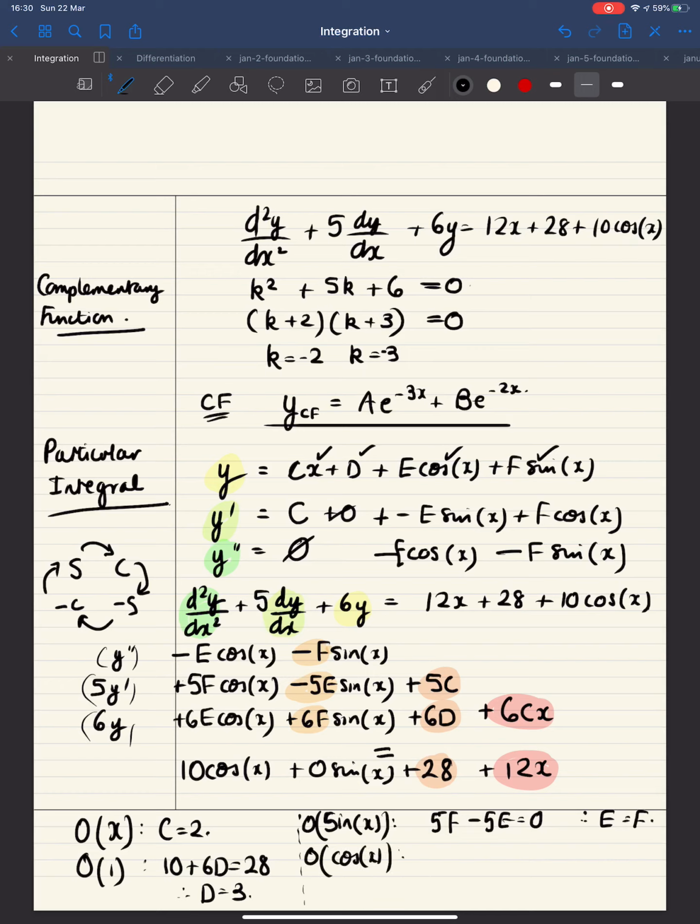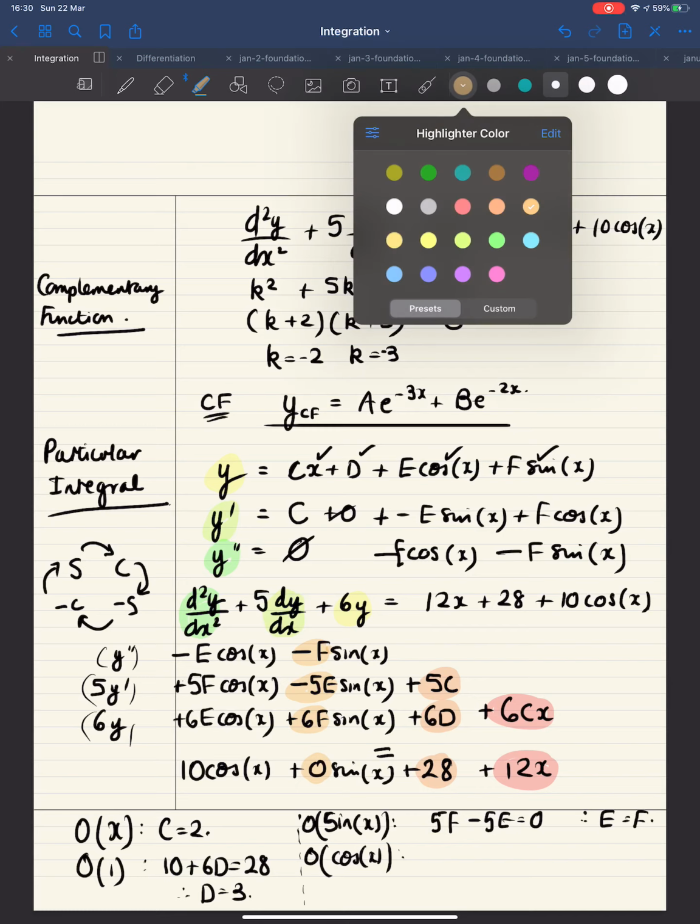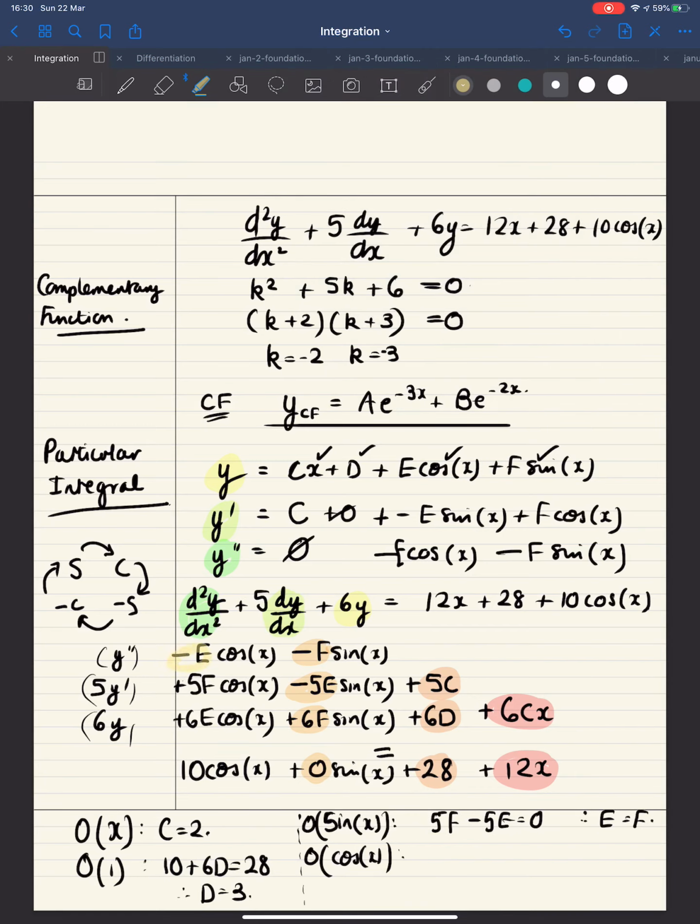So now let's look at the cos x's. This is where they all come from. And the next one along here, minus e plus 6e, so that's 5e plus 5f is 10. But e is equal to f.